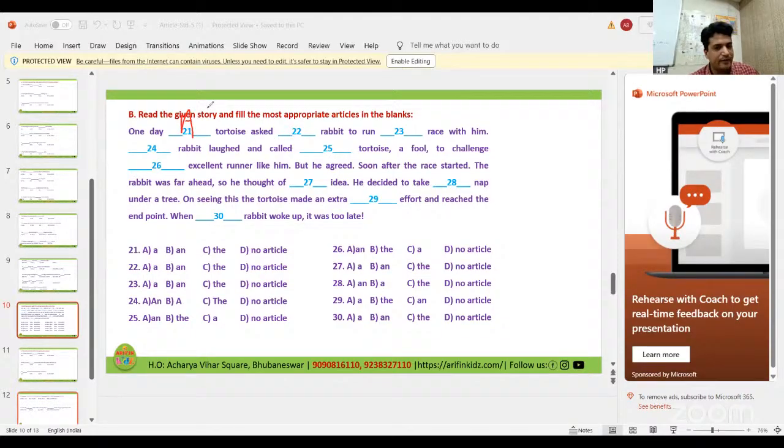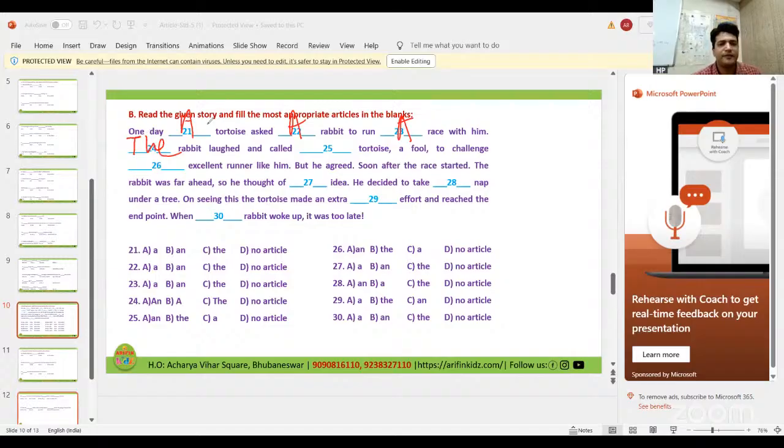Next, 22, we have a rabbit to run. 23, easy one, again a race with him. 24, it would be the rabbit.